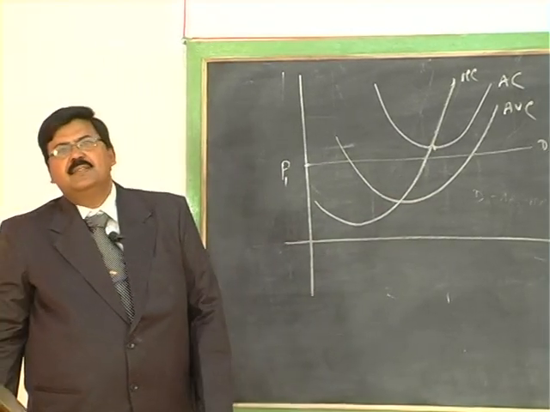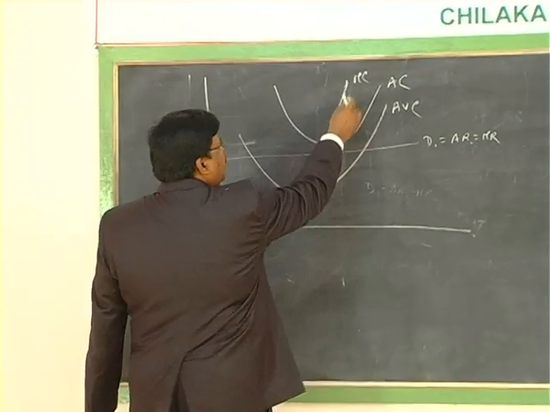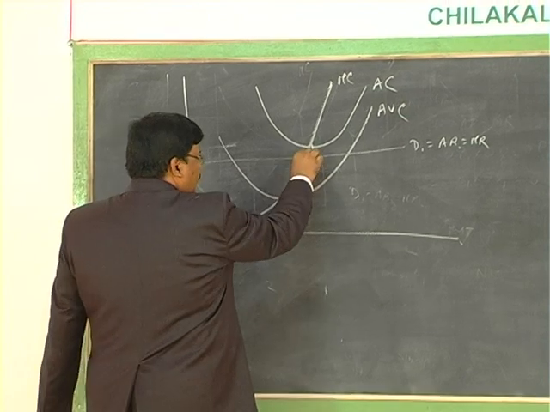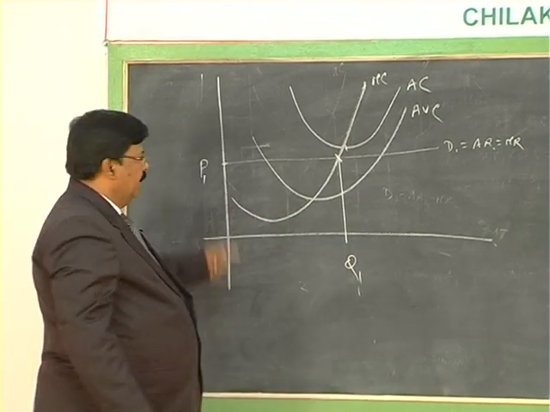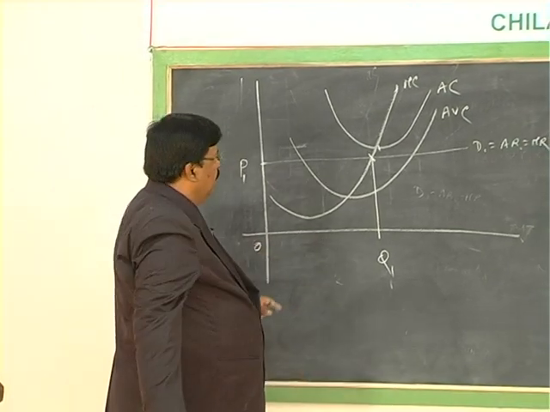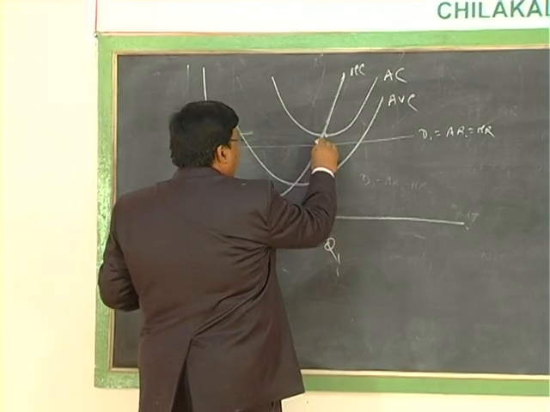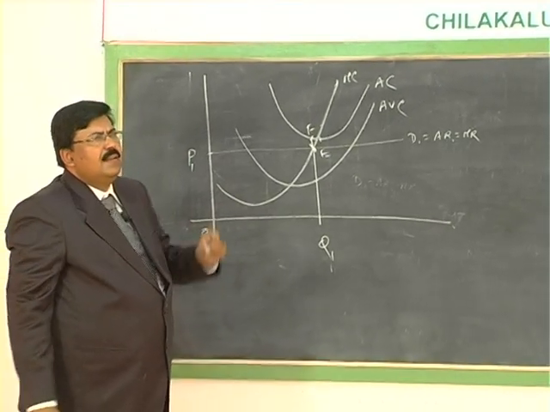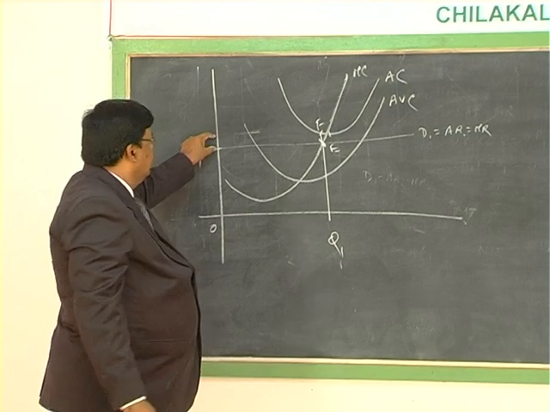The first step is determine equilibrium quantity by way of intersection of MC, MR or equality here. This is equilibrium quantity OQ1. So OQ1, this is E and this is F. The firm is incurring loss per unit of EF, and total you can extend here up to this rectangle.